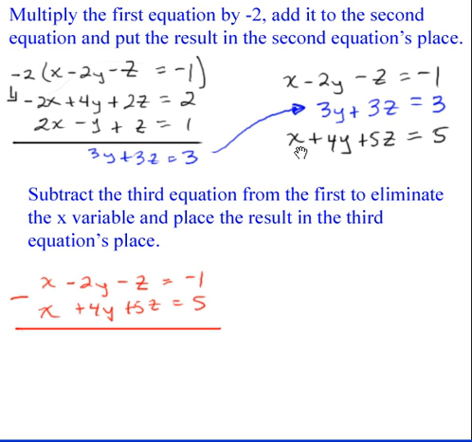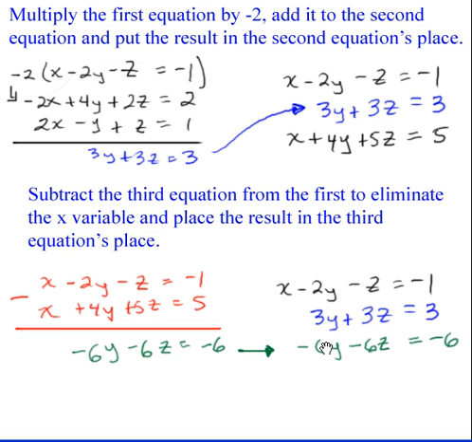Last equation as it is, x plus 4y plus 5z equals 5. Subtract them. So x minus x drops out. -2y minus 4y is -6y. -z minus 5z is -6z. -1 minus 5 is -6. And we'll place that in the third equation slot.